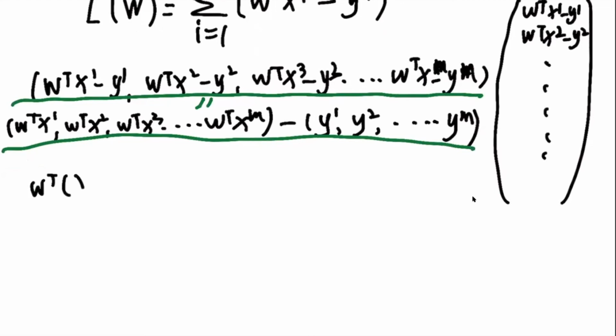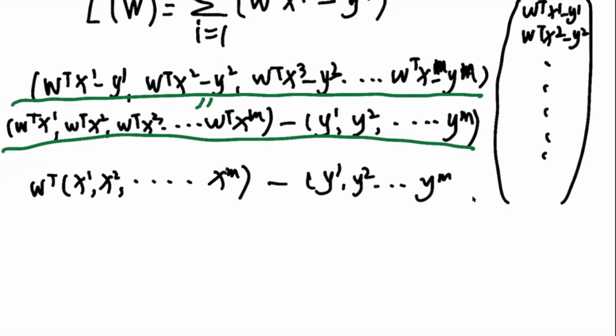Then I get X1, X2, up to XM, minus Y1, Y2, up to YM. So this is the first part. I didn't put the transpose here. I will get to this later because it's just the transpose of the first term.